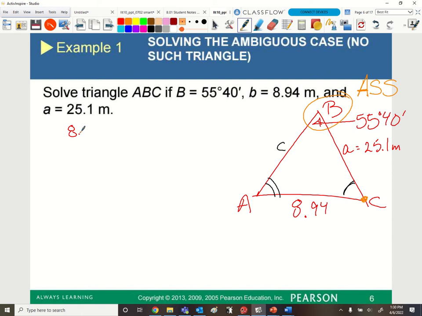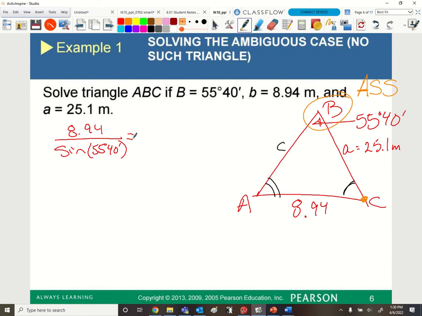So 8.94 divided by sine of big B, which is 55 degrees, 40 minutes, is equal to... Now, am I going to solve for... What am I going to solve for here? What do you want to solve for?